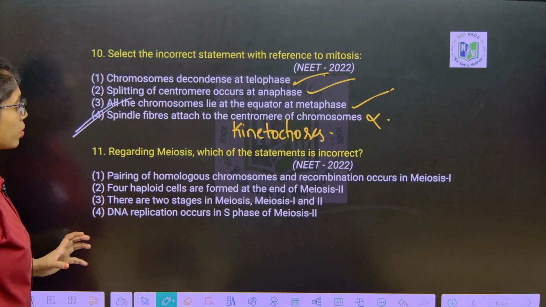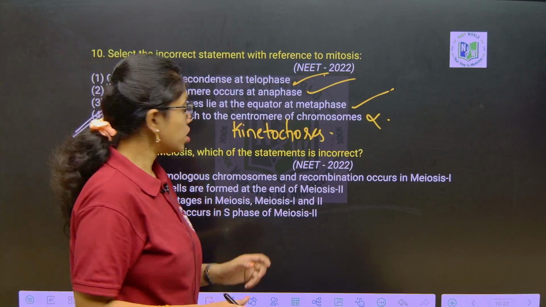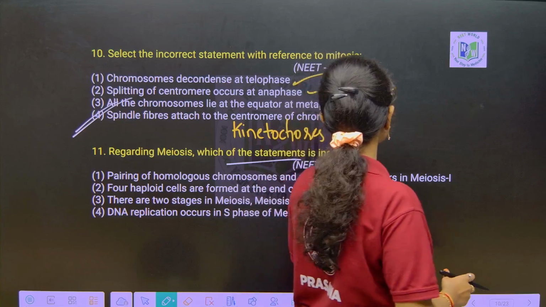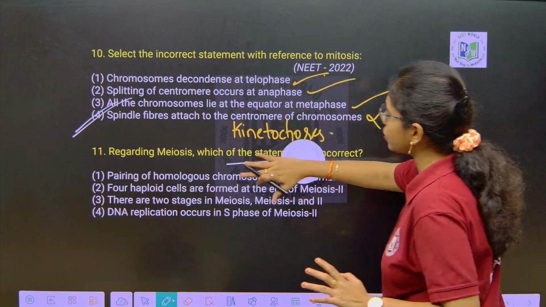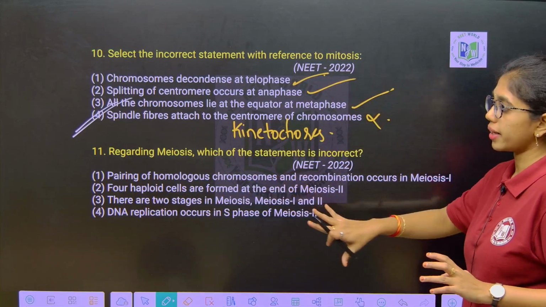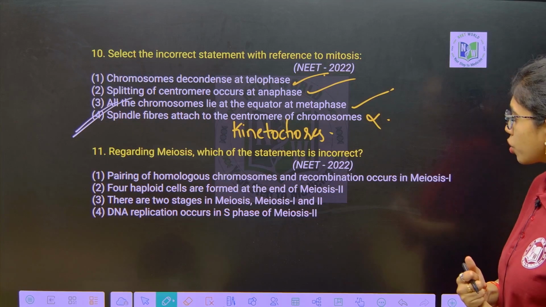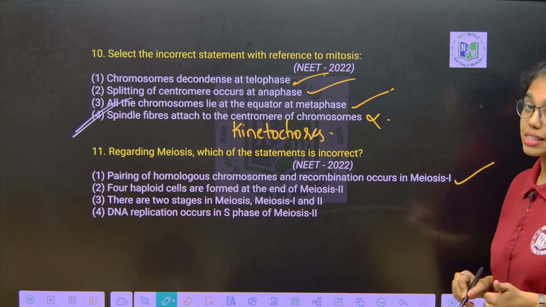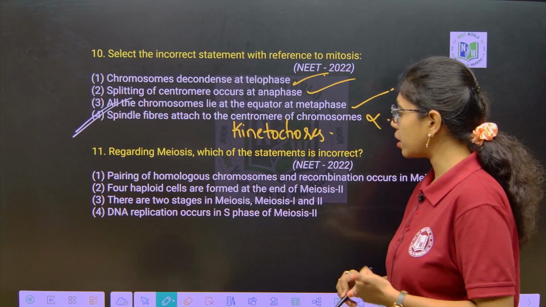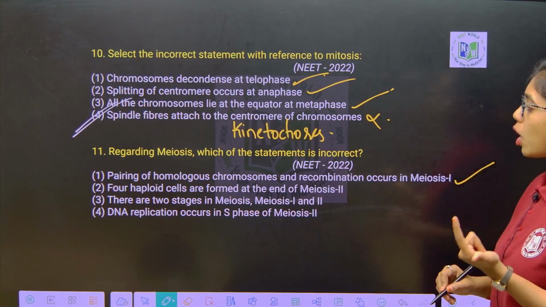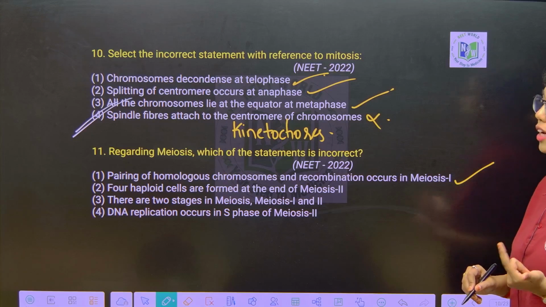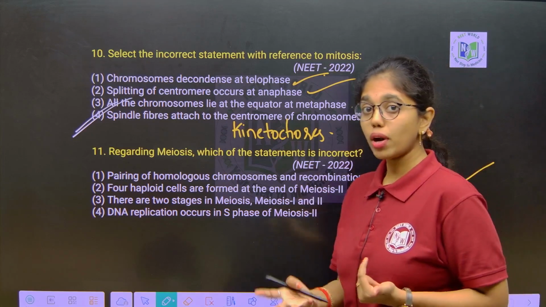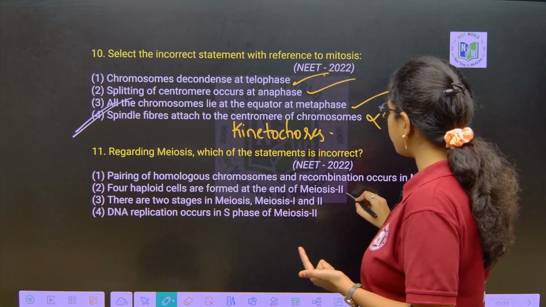Next question: which of the following statements regarding meiosis is incorrect? Pairing of homologous chromosomes and recombination nodule in meiosis 1. Yes, it happens in meiosis 1 during pachytene. Four haploid cells are formed at the end of meiosis 2.